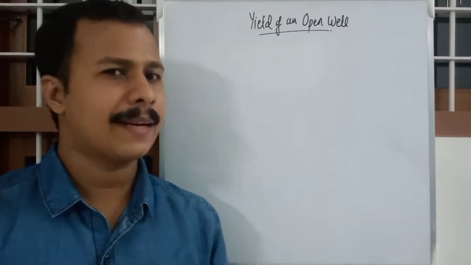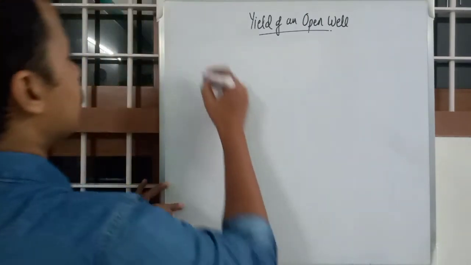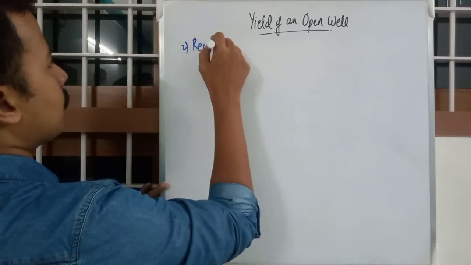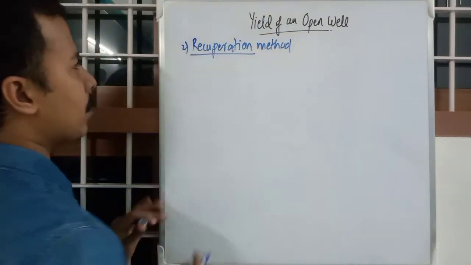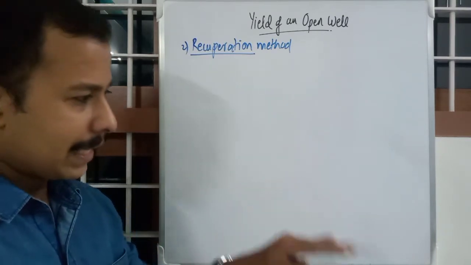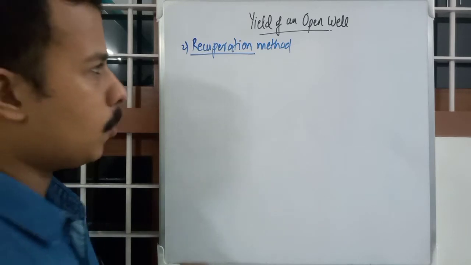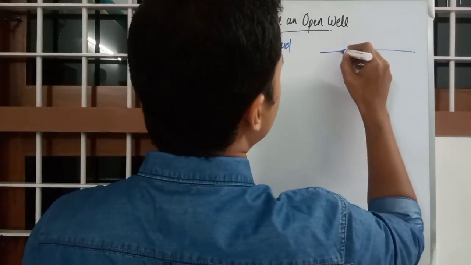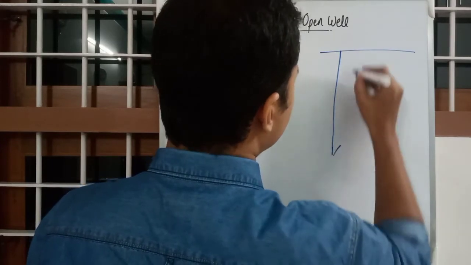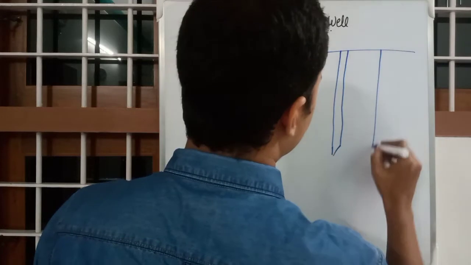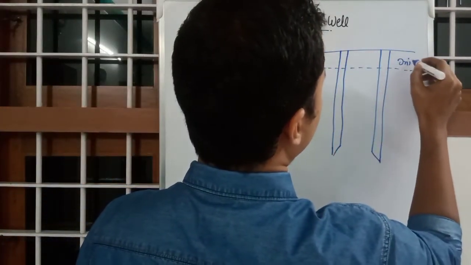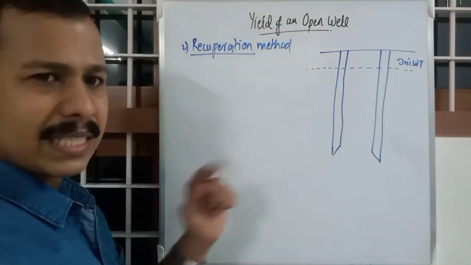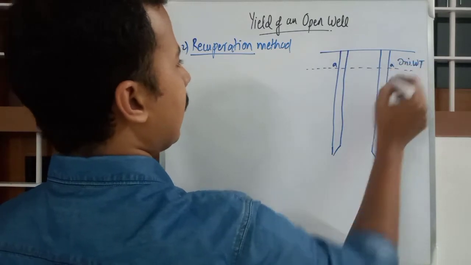So the second method to calculate yield of an open well is the recuperation method. The meaning of recuperation is regaining of initial water table. As we know, if this is a lined open well like this, and if this is the initial water table or initial water level, we'll name it as AA.